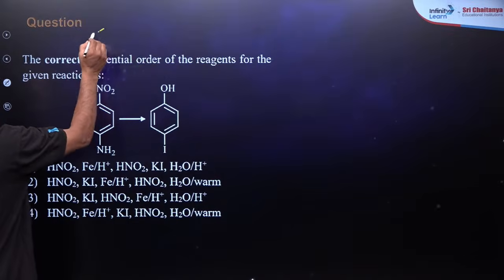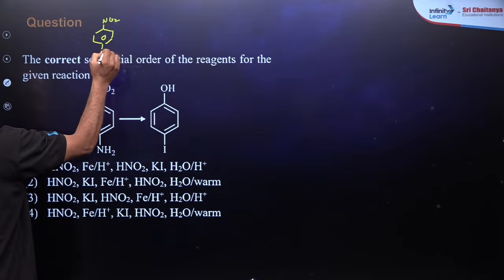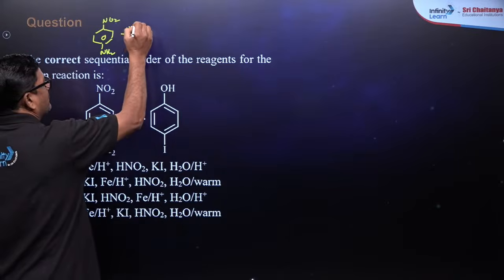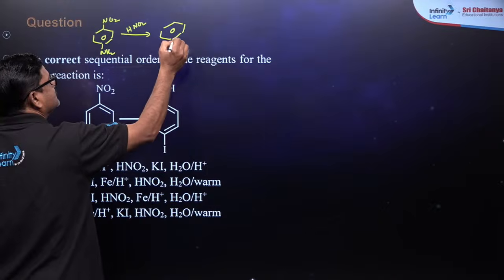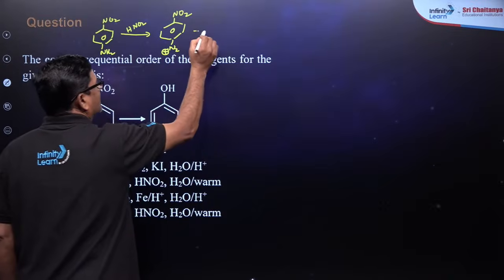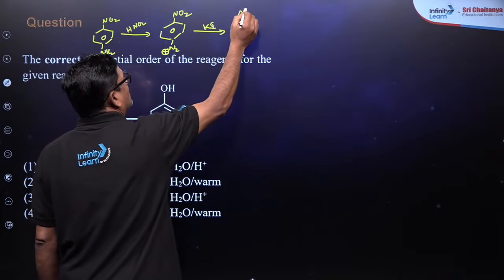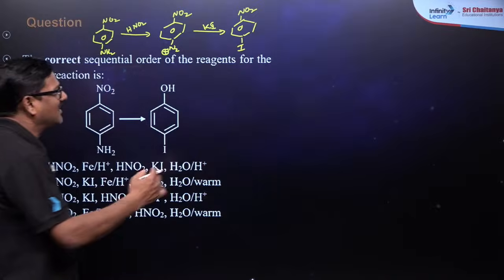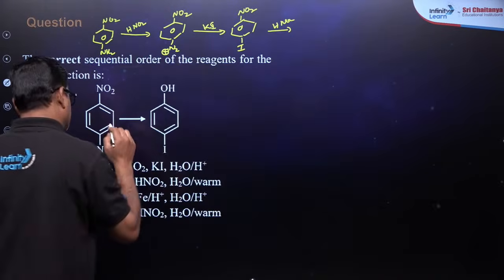This has a nitro group and an amino group, NO2 and NH2. When it is treated with HNO2, you are going to get a diazo compound here, and NO2 remains. Whenever it is treated with potassium iodide, now it is going to be NO2 and iodine. And again I want to treat with HNO2, then Sn/HCl, Fe/H+.